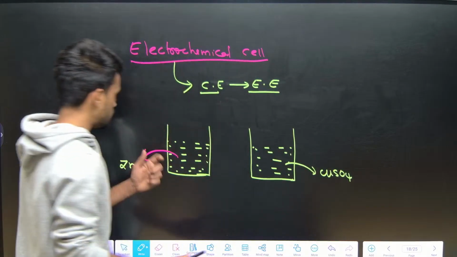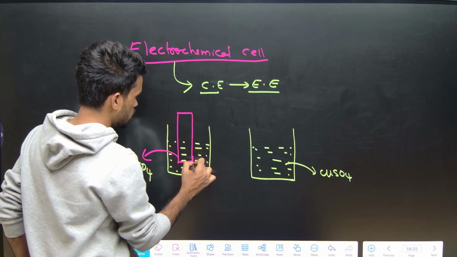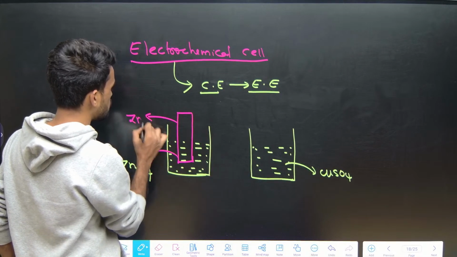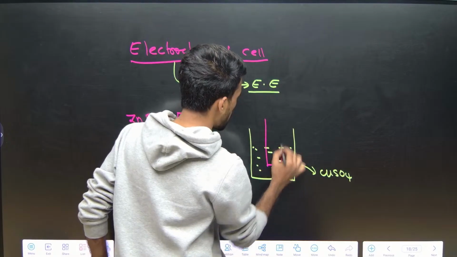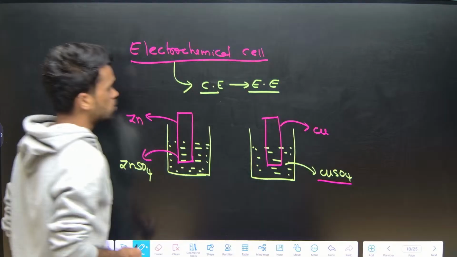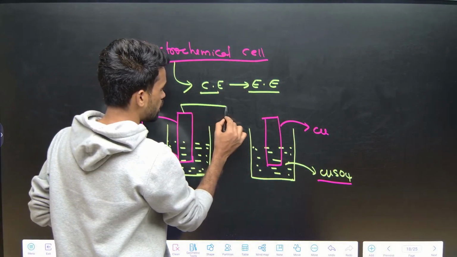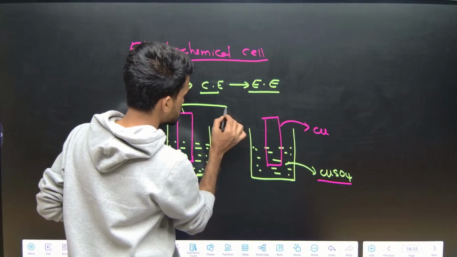Now in this zinc sulfate solution just dip the respective metal rod. So this is a zinc metal rod. And here you can dip a copper metal rod in copper sulfate. Now what happens here is you are connecting this.